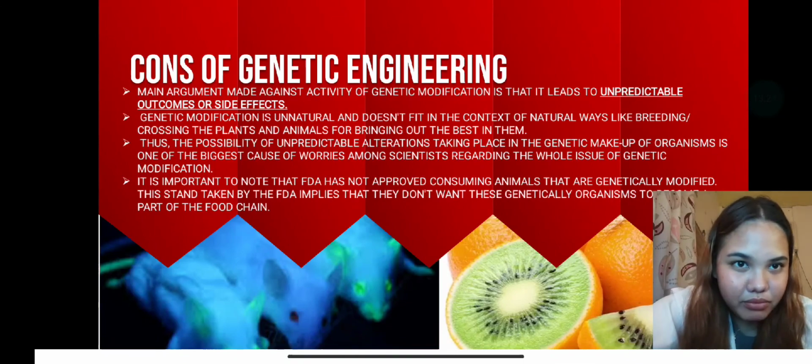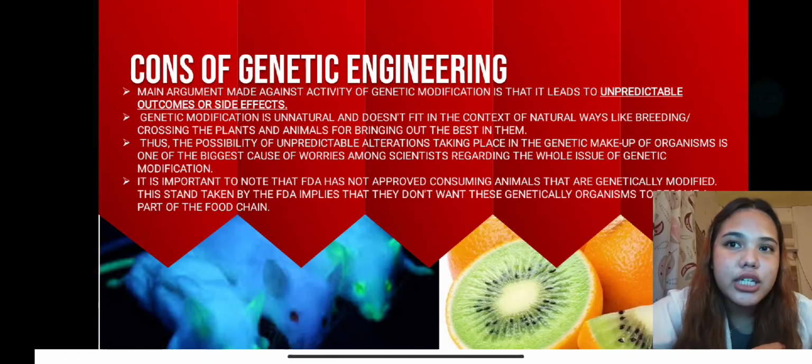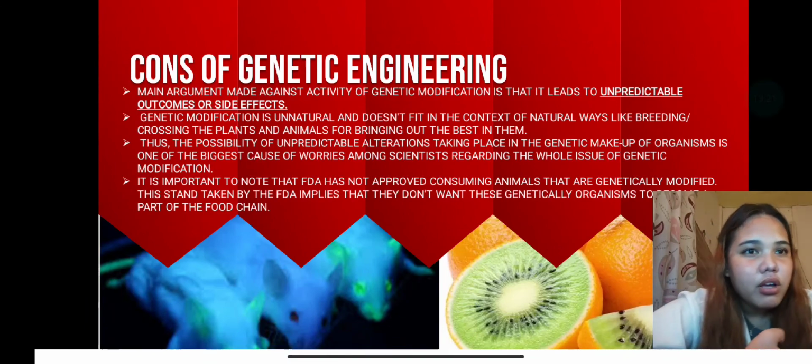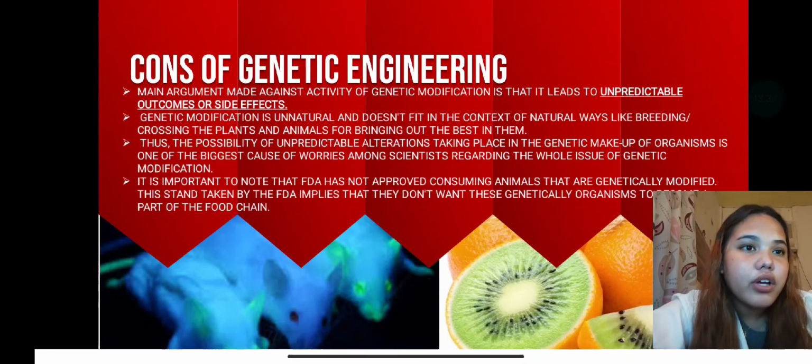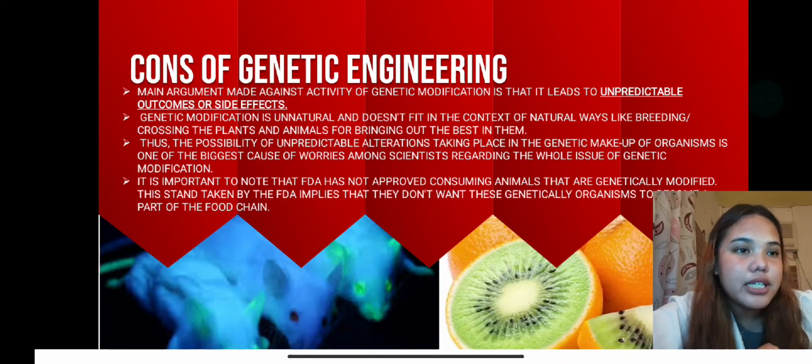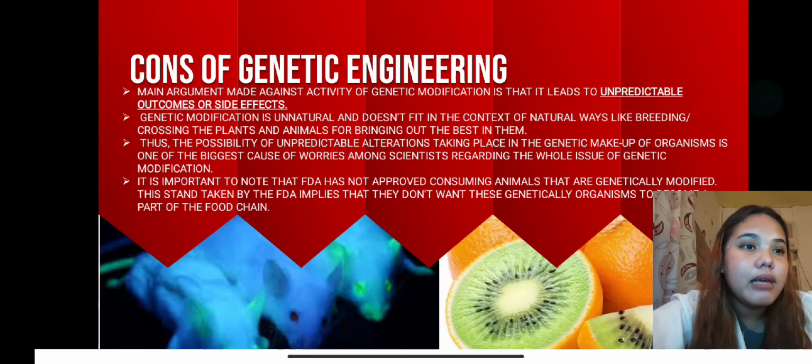So the possibility of unpredictable alteration taking place in genetic makeup of organism is one of the biggest cause of worries among scientists regarding the whole issue of genetic modification. So it is important to note that FDA or the Food and Drugs Administration has not approved consuming animals that are genetically modified.